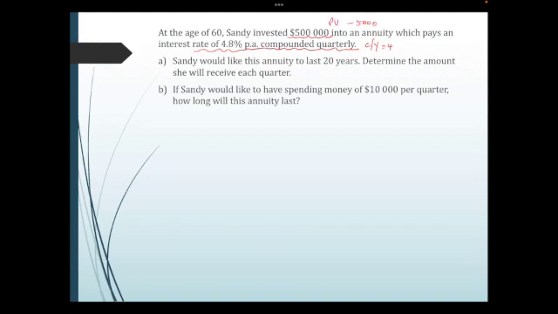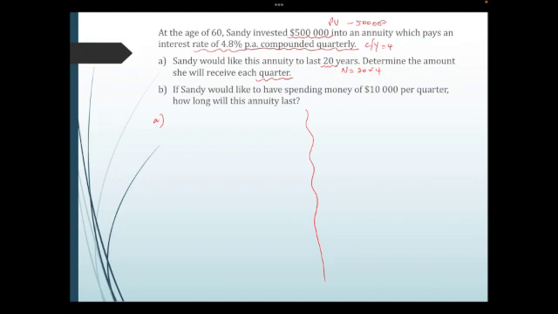So PV, present value, is minus 500,000. Now you know she would like this annuity to last 20 years. So N is therefore equal to 20 times 4.